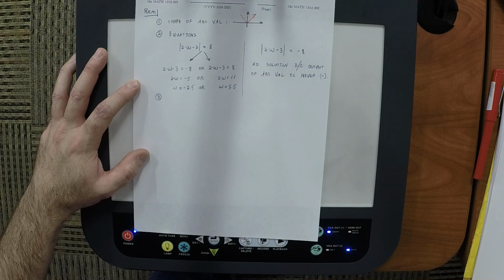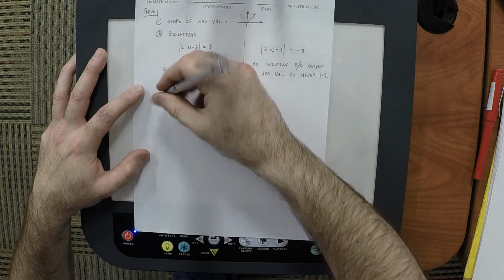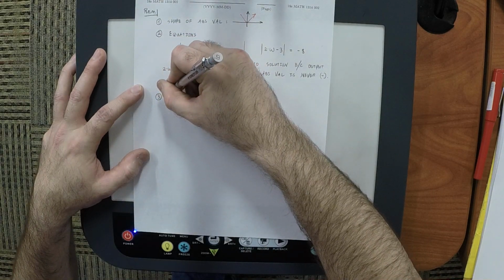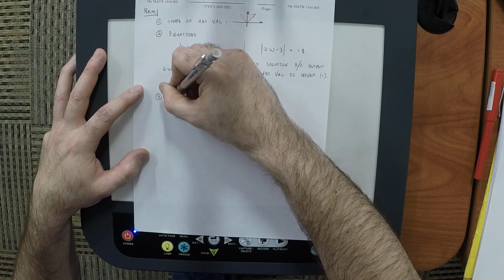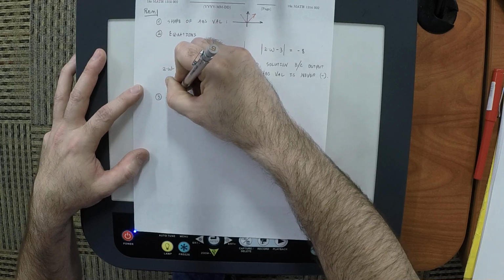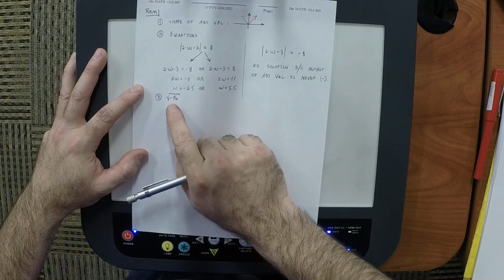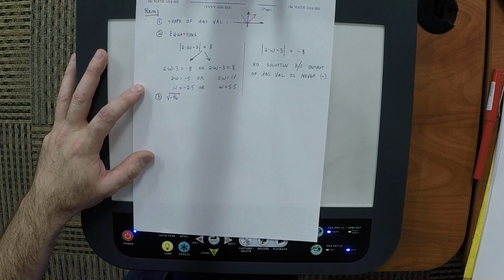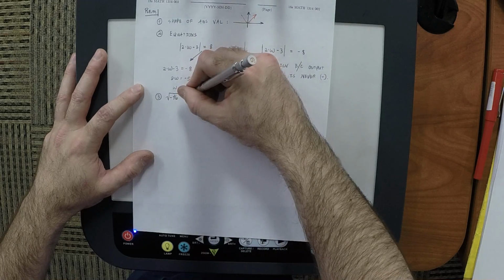What else? We have something like the following. The square root of negative 16. How do you respond to this? If I say evaluate this. This is undefined.